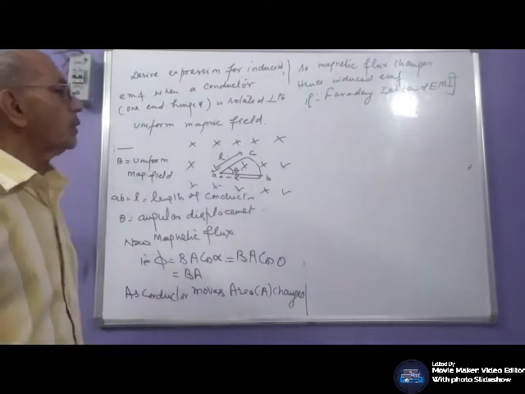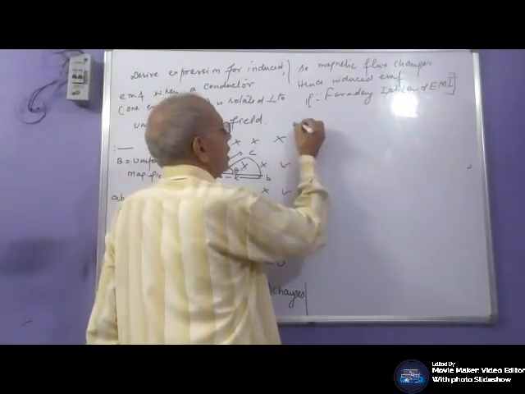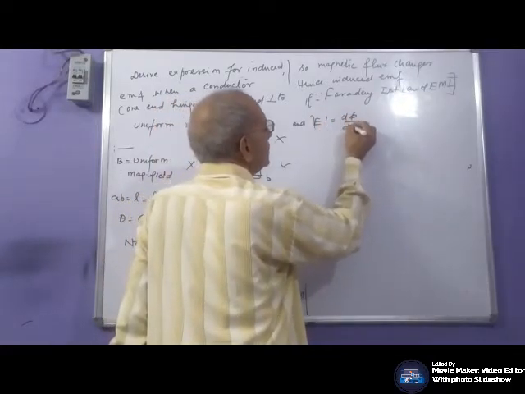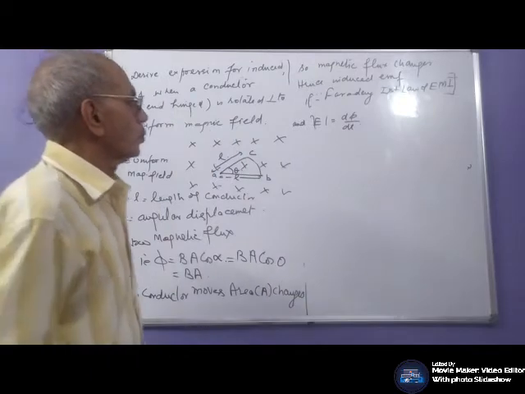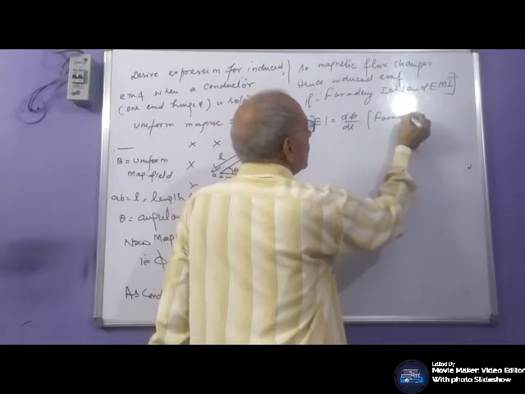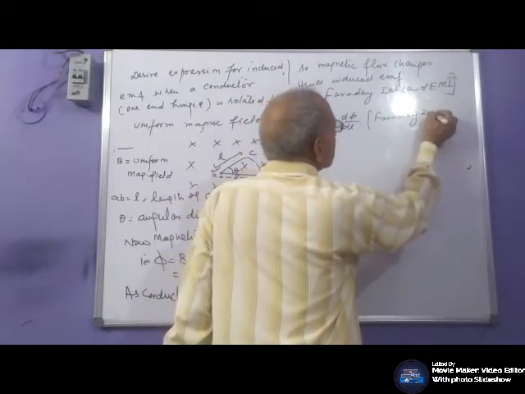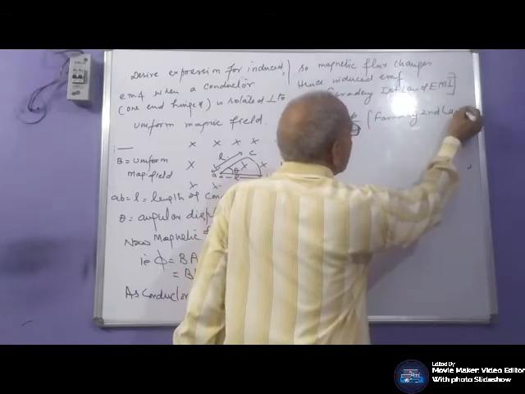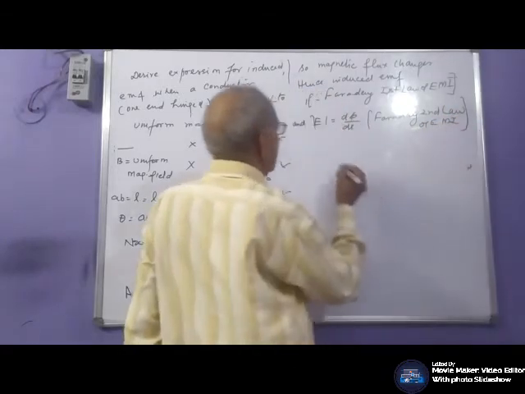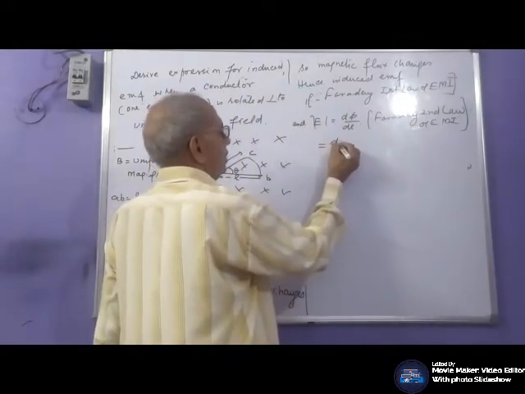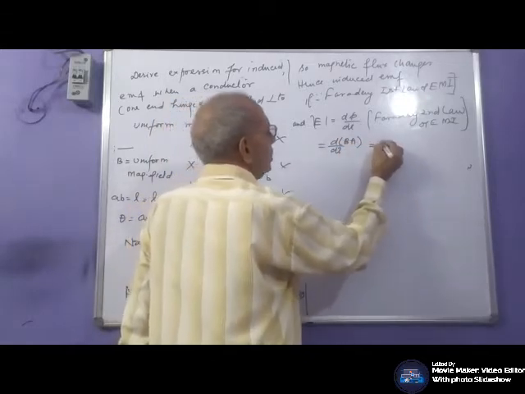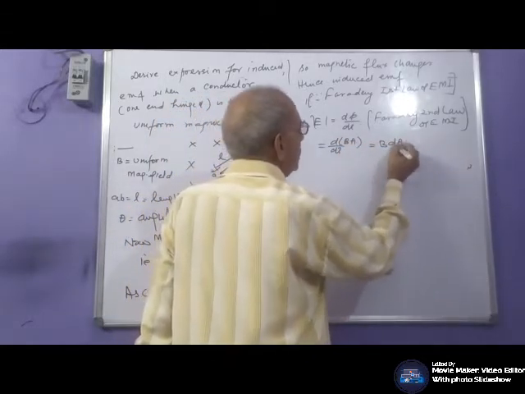Flux is changing, so EMF is induced, and that E is d phi by dt. That is Faraday's second law of EMI. d/dt of BA, B constant, dA by dt.